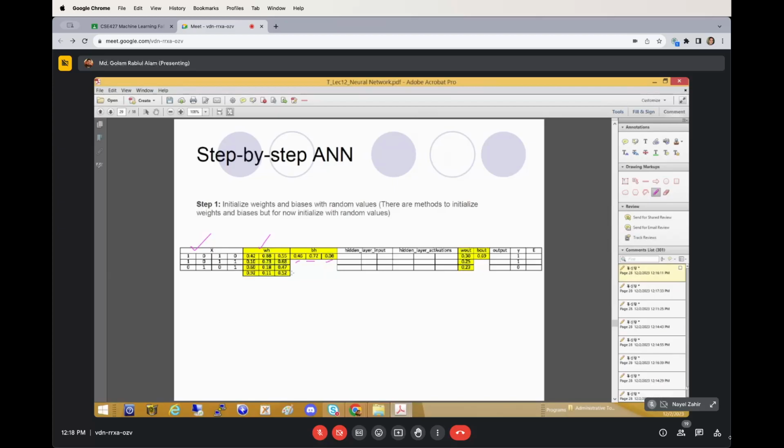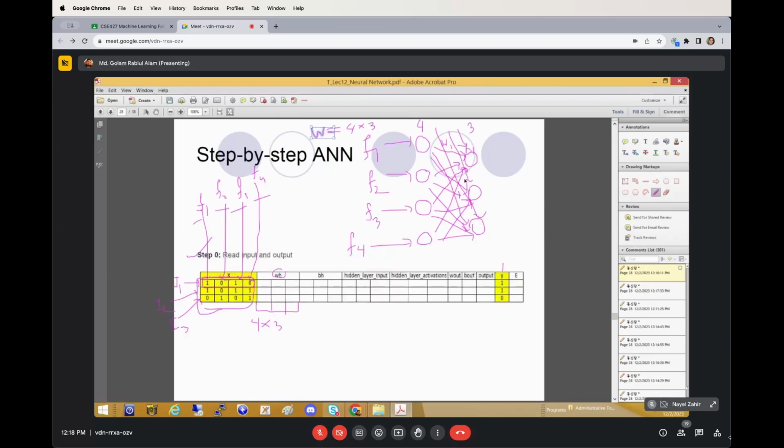Now what else we have in our network? We have already considered, okay, let's say output is 1 or 0. Let's say in our output unit we have only one output neuron. We have to connect here like this. This is the way of connection.